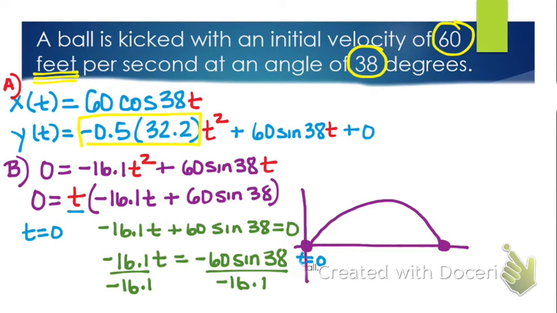So I want you to take your calculators and type this in. That's going to tell you the t value, how much time it took the ball to return to the vertical height of 0. So type that in your calculator, because it says find the time at which the ball will return to the ground.